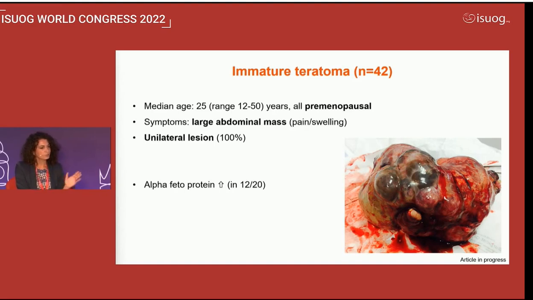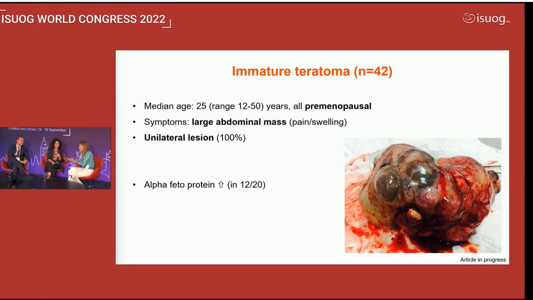We had also some older patients. 50 was the eldest. By the way, there is a question from home. Do you consider to be young till menopause? This is a good question indeed. We don't know, we don't have a cutoff for young. This is correct. All these patients, though, were premenopausal. This is the only thing that we know, even at 50.